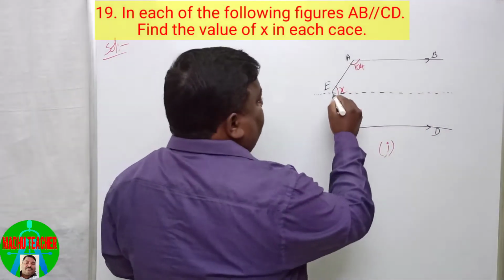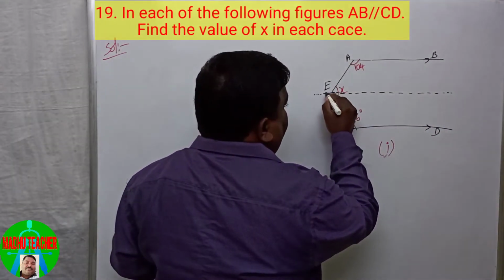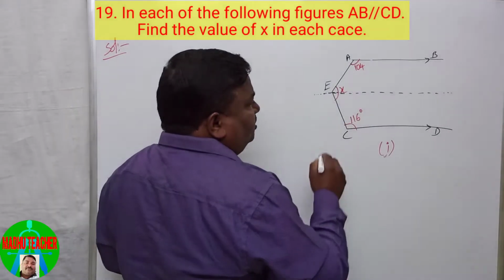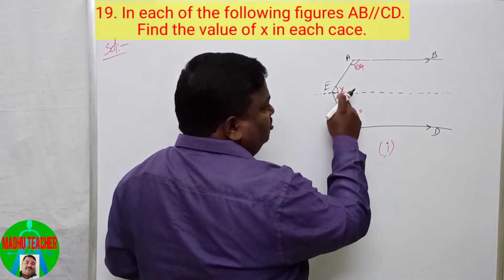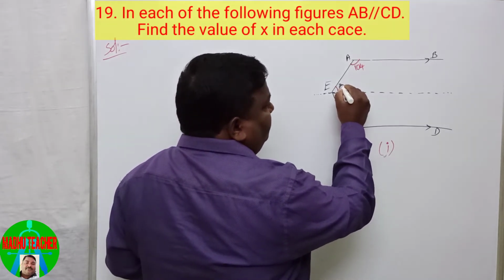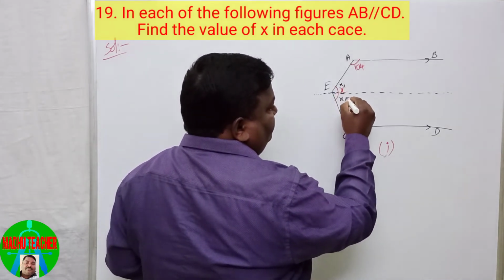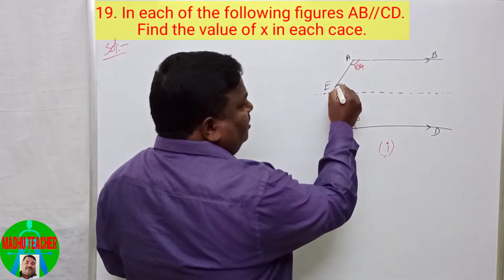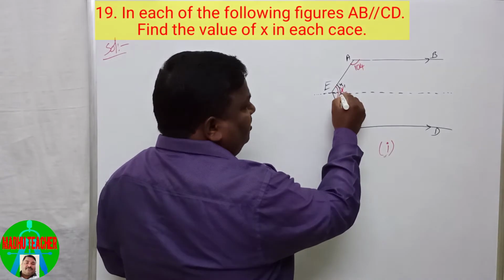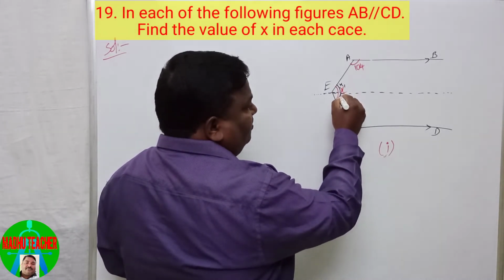It is passing through E, so it divides this angle E, that is x, into two parts. Let it be x1 and x2.